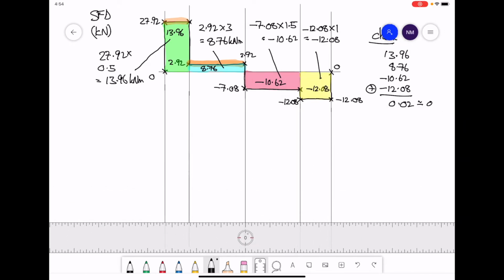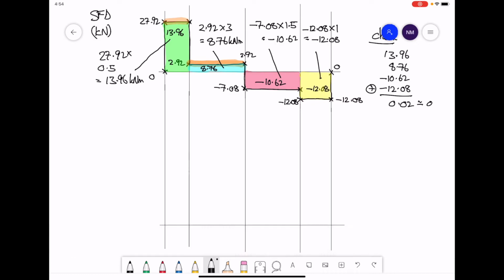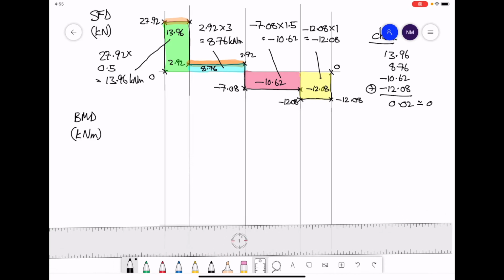Draw in a 0 line, and this will be our bend moment diagram with the units given in kilonewton meters. To plot points on the bend moment diagram, first of all, what we're going to consider is the area we have enclosed in the shear force diagram.